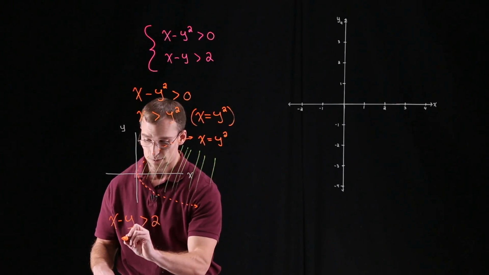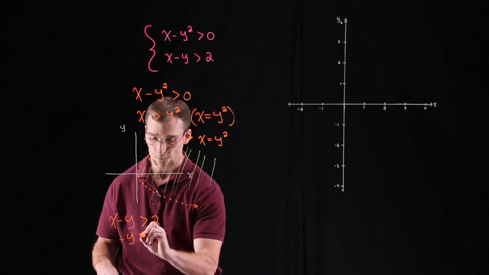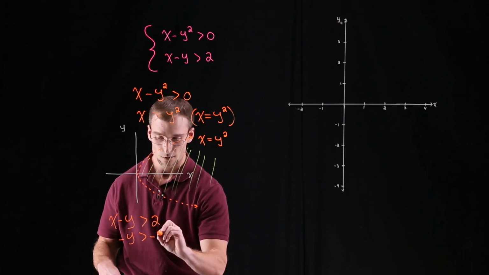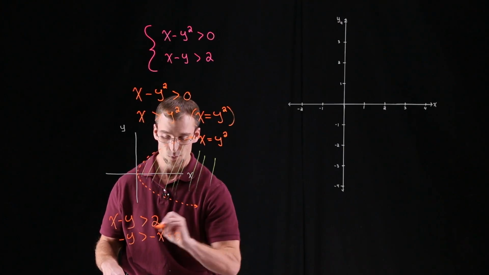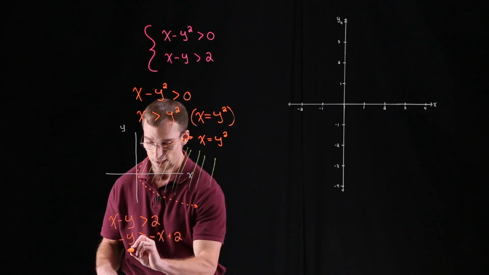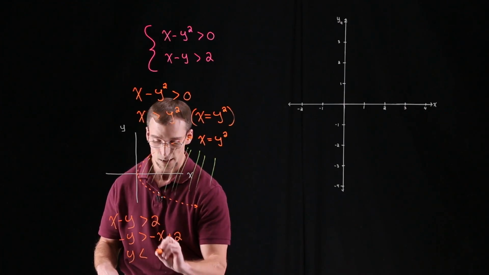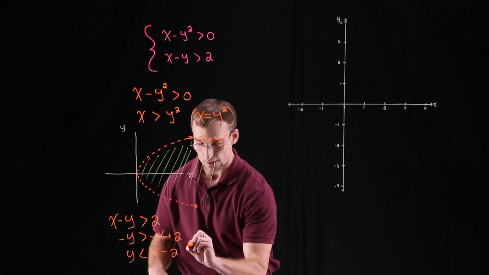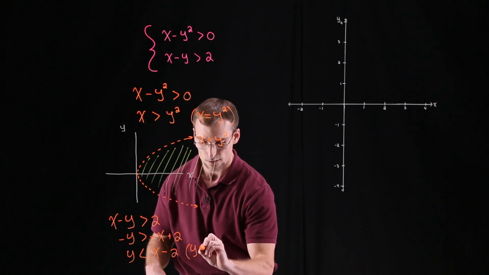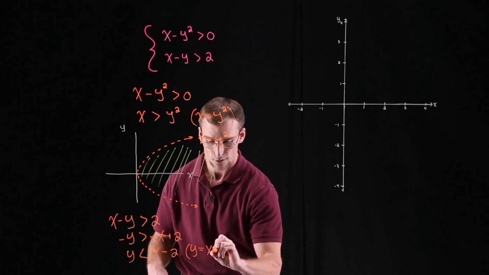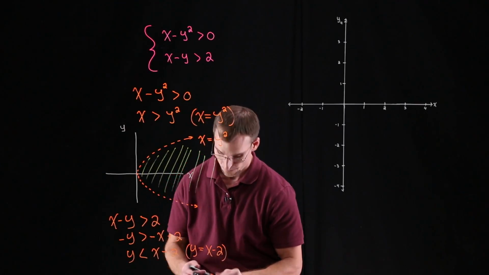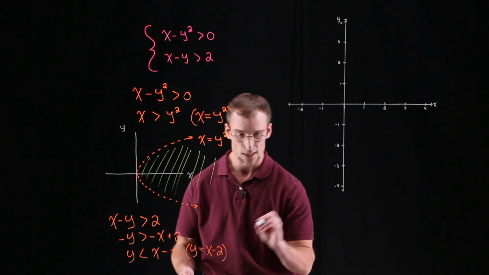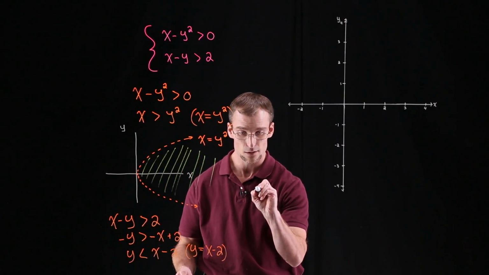If I subtract x, I'll have negative y greater than negative x plus 2, and dividing both sides by a negative, we have y less than x minus 2. Again, we'll consider the equality, y equals x minus 2, which gives us the graph of a line.